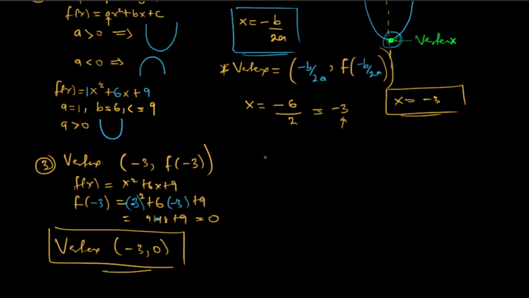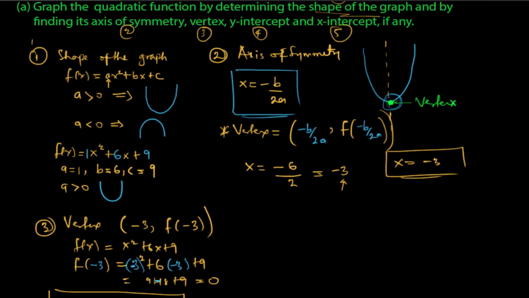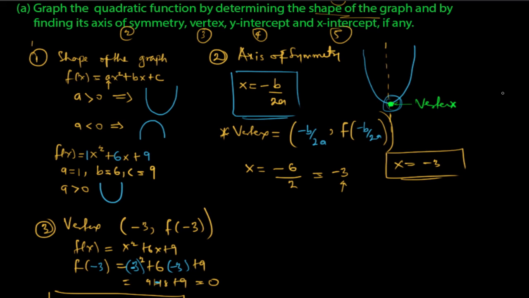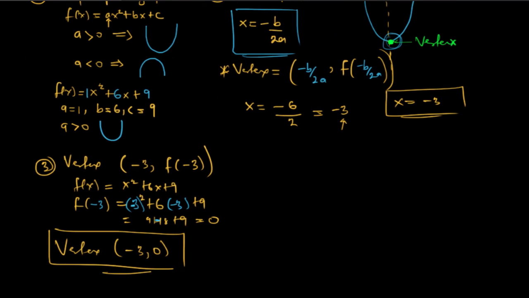So let's go ahead and find, what's the next thing we want to find? The y-intercept and the x-intercept. So that is 4, the y-intercept and the x-intercept. Anyway, let's start with the x-intercept. So we said the x-intercept is the x value when the function itself equals 0. So we want to find x when f of x is 0.